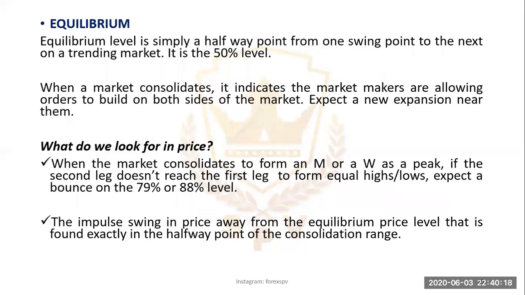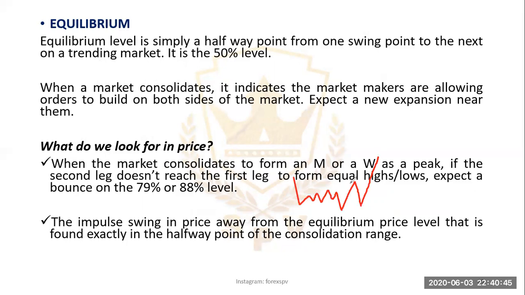And here we are going to talk of the equilibrium markets, the premium, and the discount markets. The equilibrium level is usually the halfway point from one swing point to the next. So it's the 50% level. See, the market consolidates and then trends up.